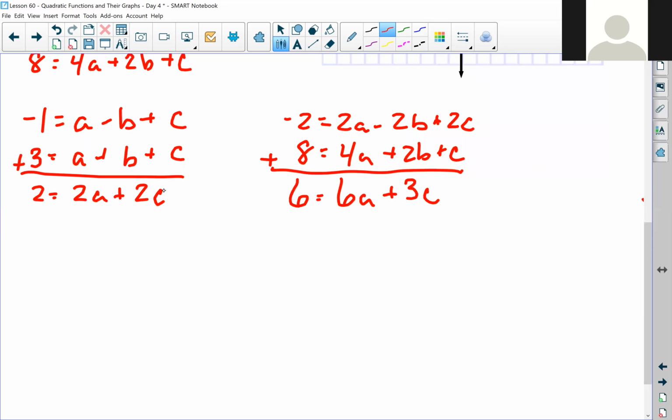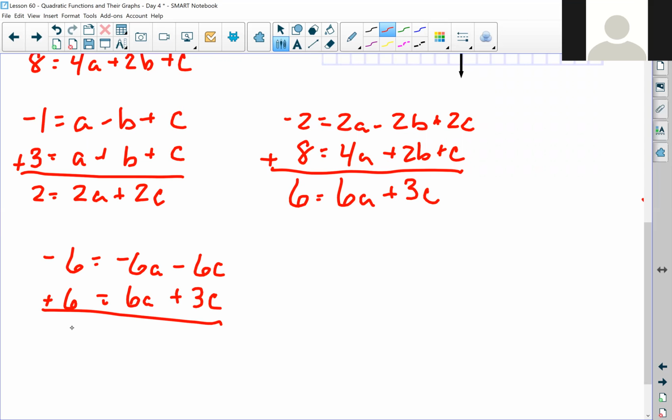If I take my first equation and multiply by -3, and then I can just add that to my second equation, I get c equals 0.